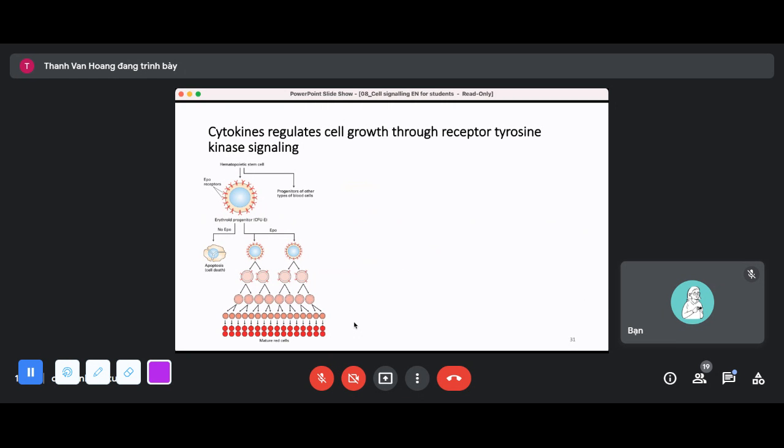That's the red blood cells, white blood cells, and platelets. During the maturation of red blood cells, we need a cytokine called EPO, or erythropoietin. Erythropoietin is very important to induce red cell differentiation.